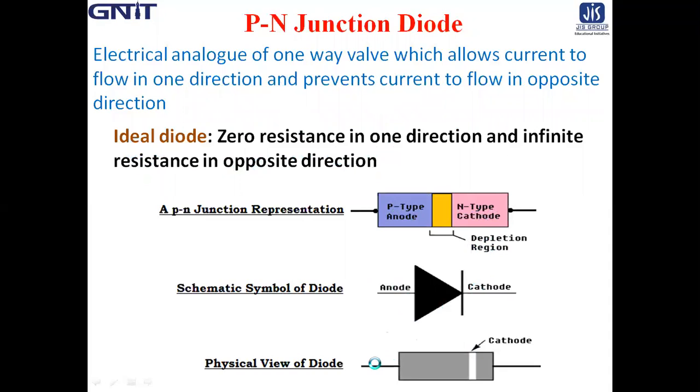And this is the symbol and physical view of the diode, where a line or almost a white line is drawn, which denotes that this part is the cathode, and the opposite part, the longer part, is the anode and the smaller part is the cathode. Okay. So this is the physical view and schematic symbol of the diode.